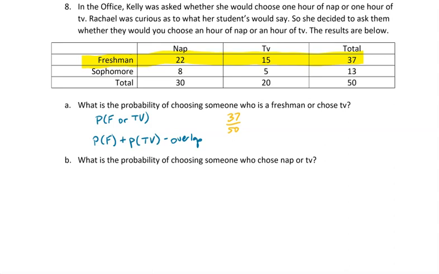Probability that they preferred TV is going to be 20 out of 50. And there's 15 in the overlap, so minus 15 out of 50. Add all of these up, and we're going to get 42 out of 50, or 21 out of 25.